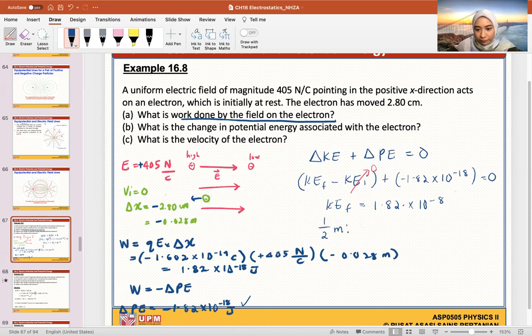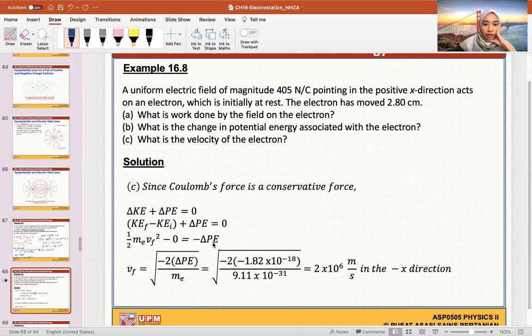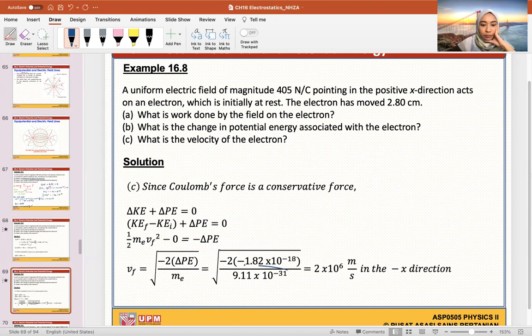1/2 m v final squared equals 1.82 times 10 to the minus 18. This is missing one thing. What is the mass of an electron? Let's see. The mass of an electron is 9.11 times 10 to the minus 31.